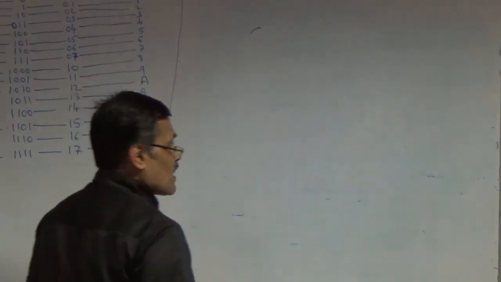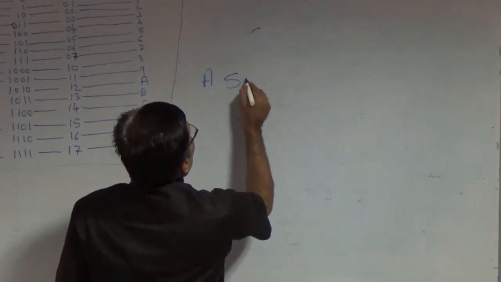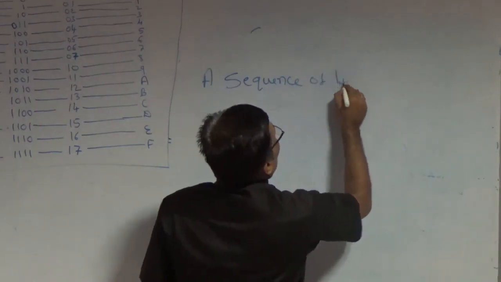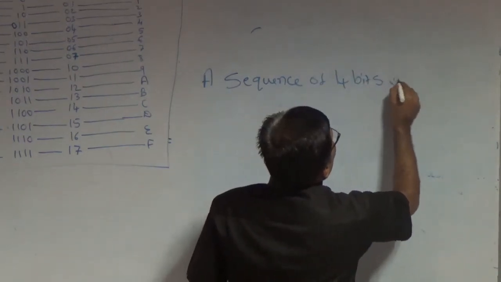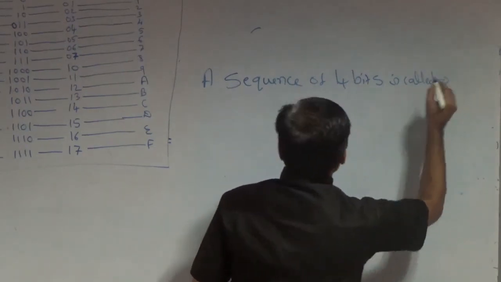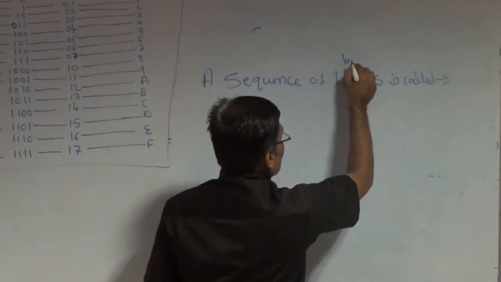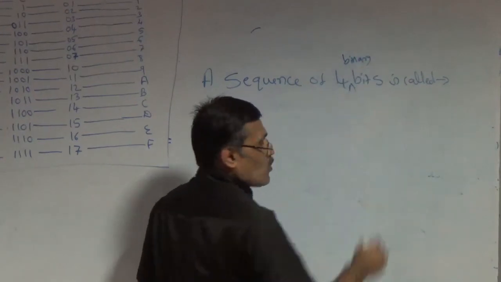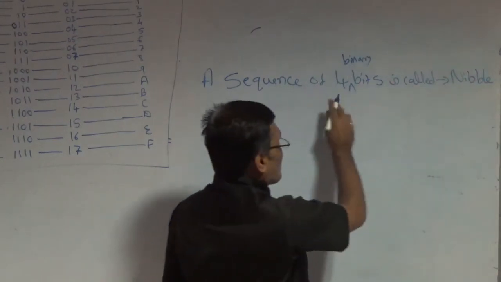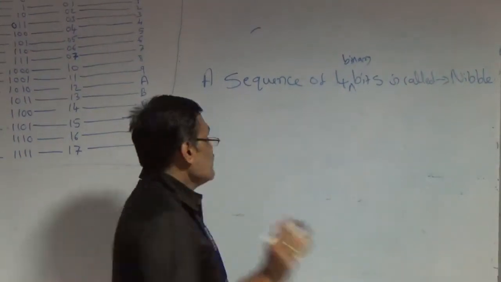Since we were discussing bits, a sequence of 4 bits is called what? A sequence of 4 binary bits is called a nibble, which is nothing but a half byte. So a half byte is called a nibble.